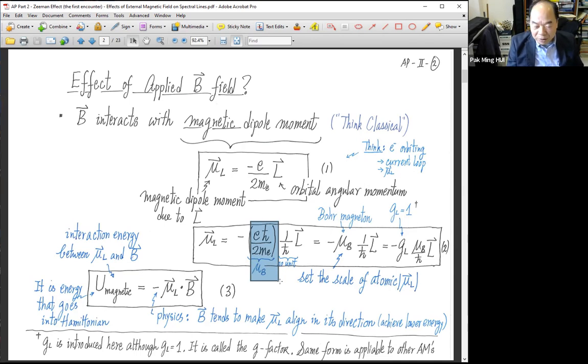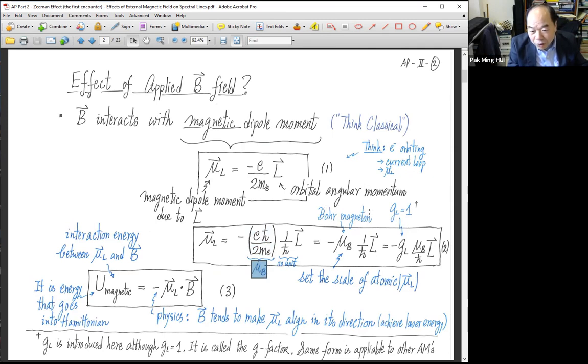If you plug numbers in and get the number out, it is about 10 to the minus 5 eV per Tesla. Tesla is the unit of magnetic induction, magnetic field, the B field, all right? So it is a constant, first of all. It's so important that it is given a name. It is called the Bohr magneton, okay?